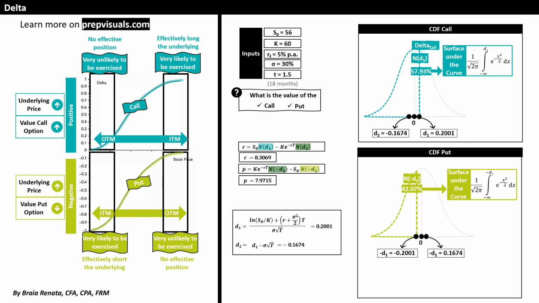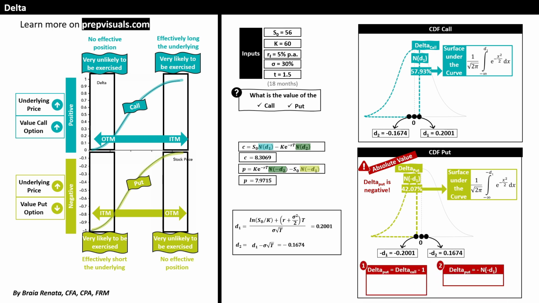And basically, what I want you to be aware of in this case is that this value is the absolute value of the delta of the put. And this is because, as I illustrated on the left, the delta of the put is a negative value. And the curriculum is giving us two formulas to come up with the delta of the put option.